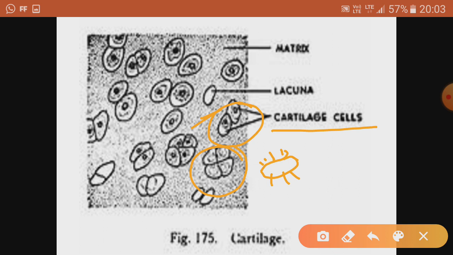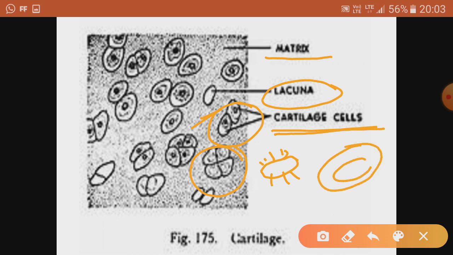And what is the shape of the cartilage cell? You can see here in the picture, they are oval in shape. This is the solid matrix, and these are the cartilage cells. Lacuna is the space or bag-like structure in which the cartilage cells are present. In the same way, bone cells are also present in lacuna.